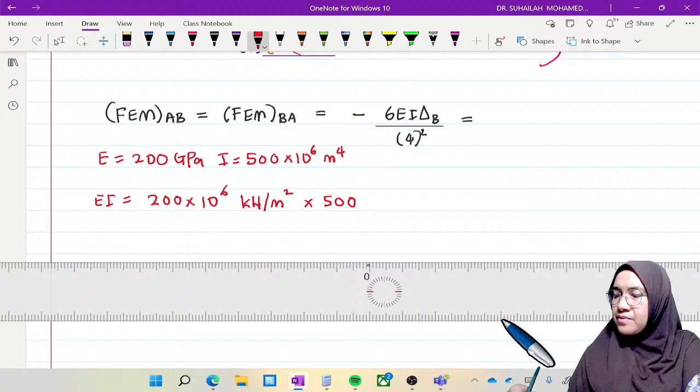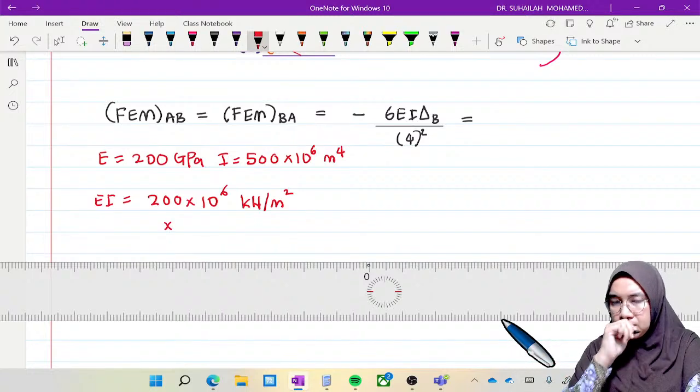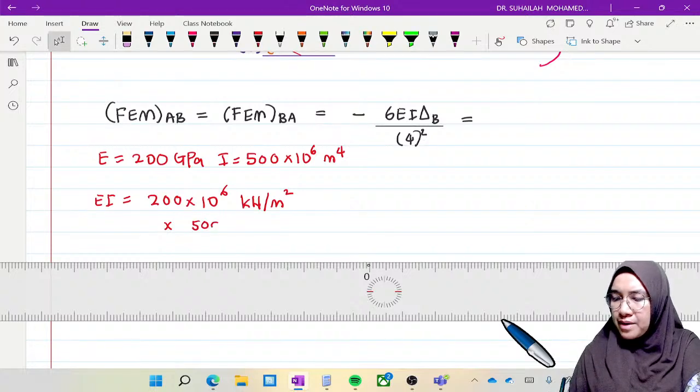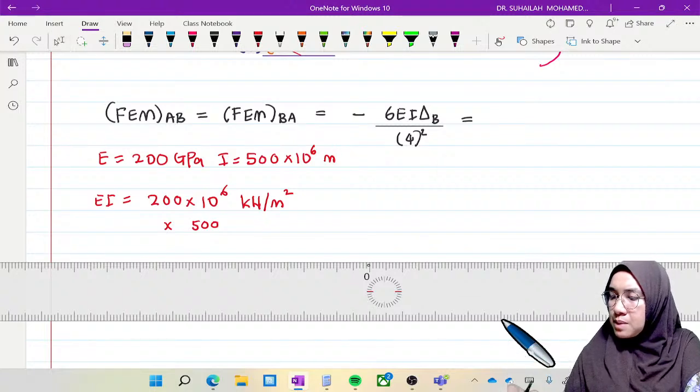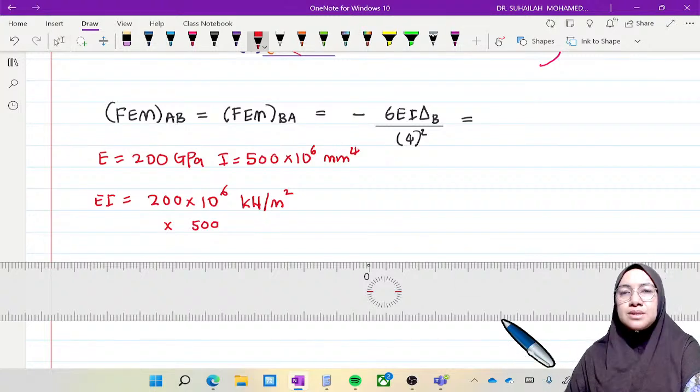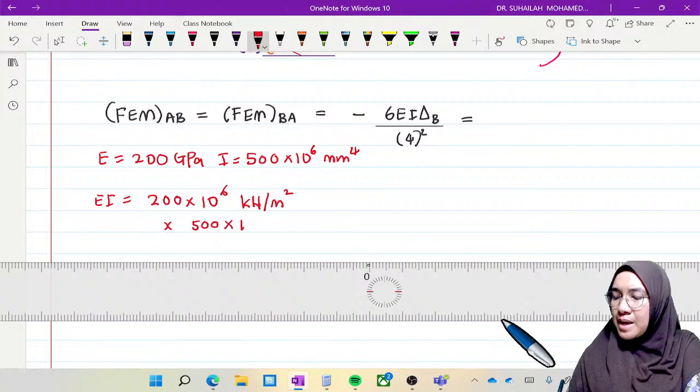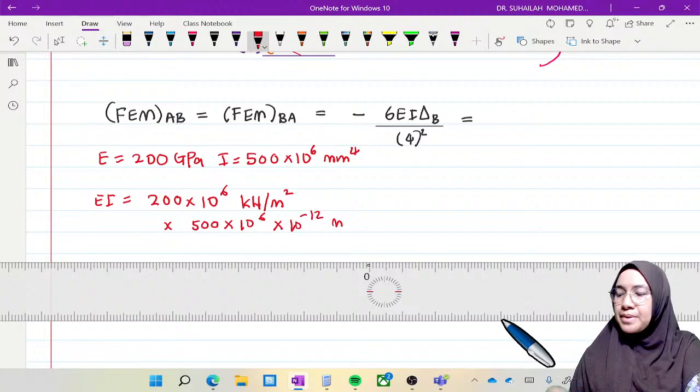This is millimeter 4 normally. It is 500 times 10 power of 6, and millimeter 4 is 10 to the negative 3 to the power 4, which is 10 to the negative 12. So we get meter 4.